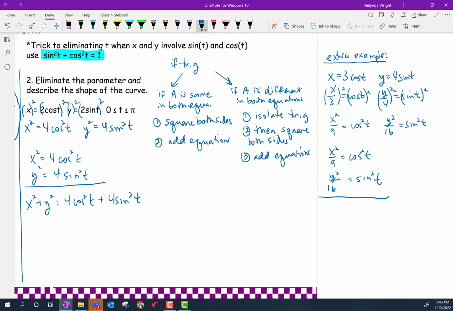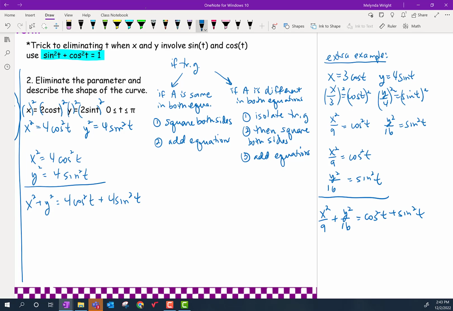And so then I get x squared over 9 plus y squared over 16 equals cosine squared plus sine squared. Okay, I'll pause here for a second. So we squared both sides after whichever scenario we had, then we added. Are we all okay?